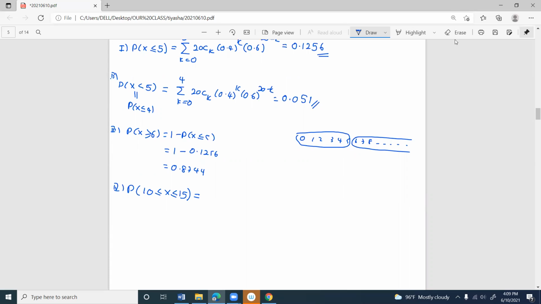The first approach is you can straightforwardly add them up. K goes from 10 to 15, and 15 should be included. You can say 20 C k, 0.4 to the power k, 1 minus 0.4 is 0.6 to the power 20 minus k. You can add these together, going from 10 to 15, and you can get this answer.